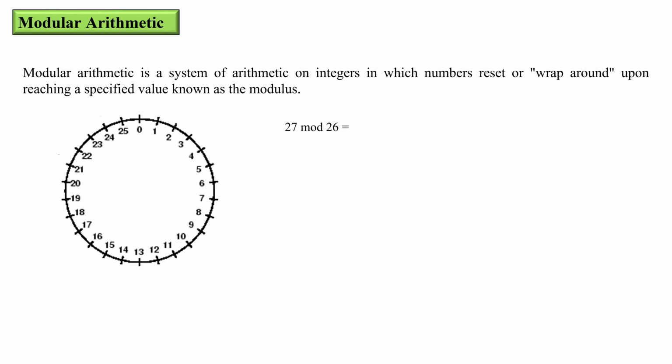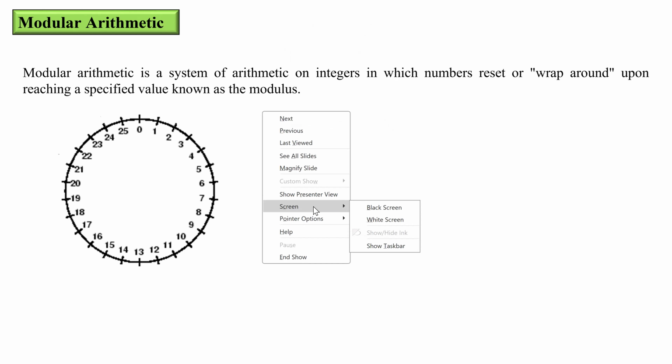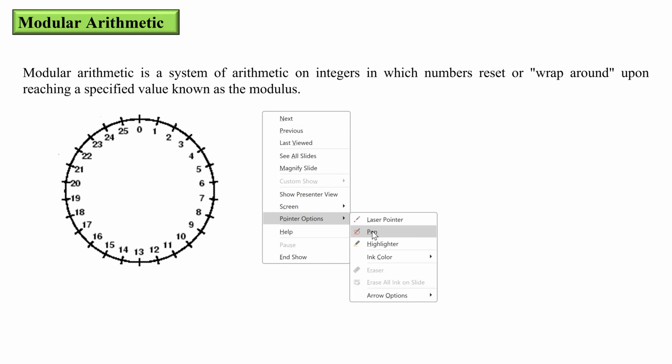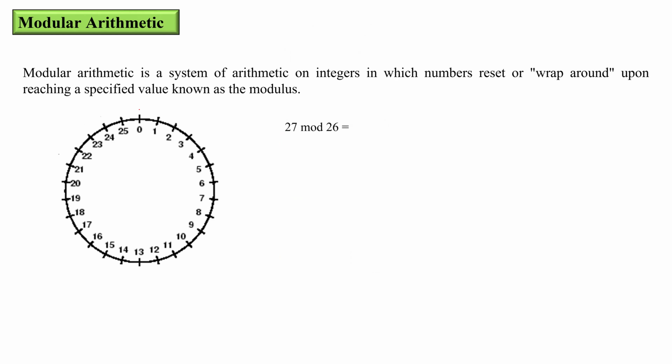Here the target value is 27. So we start from 0 and count 1, 2, 3, 4, 5, 6, and continue this counting to reach 23, 24, 25, 26, and 27, right? So here we have reached 27.